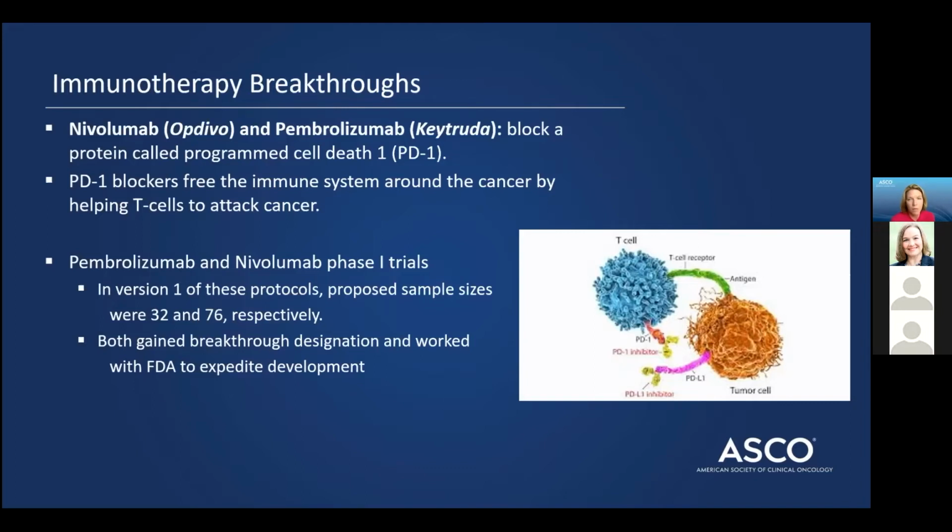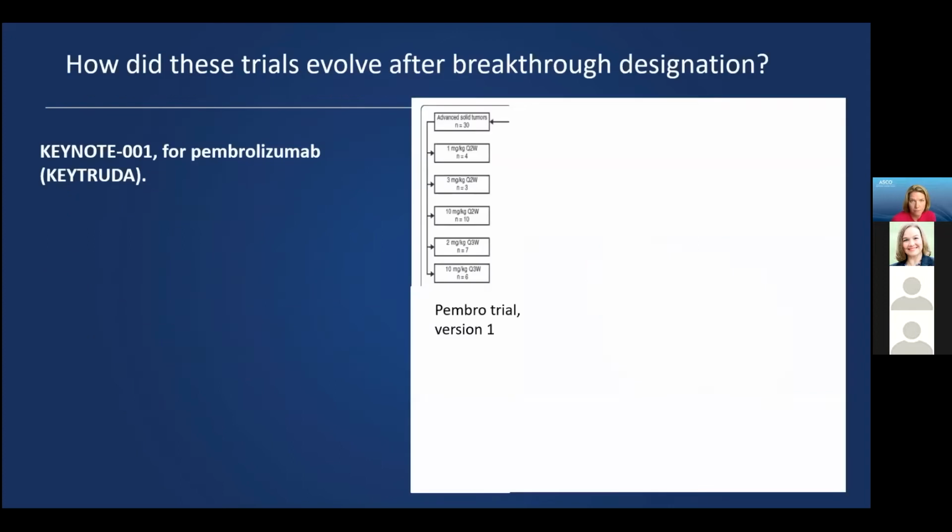And these PD-1 blockers free the immune system around the cancer by helping T cells to attack the cancer. So both of these drugs were in phase 1 trials years ago. In version 1 of their protocols, the sample sizes were 32 and 76 respectively. Both of them gained breakthrough designation, and the companies worked with the FDA to expedite development.